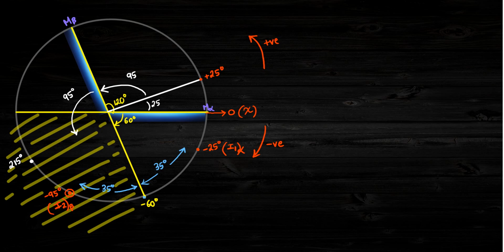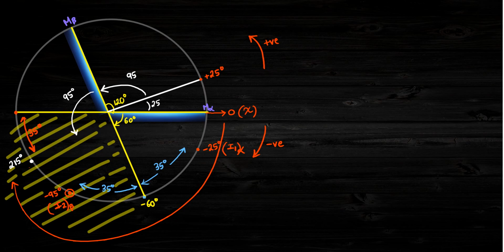This image is at 215 degrees. Now if we were to measure the same from this end, like so, then this is 180 degrees and this is 35 ahead of 180 degrees.